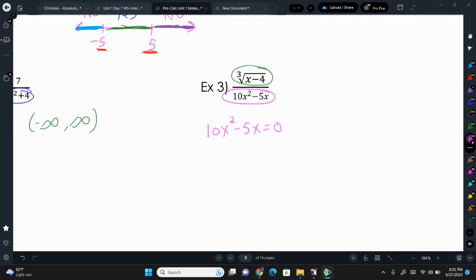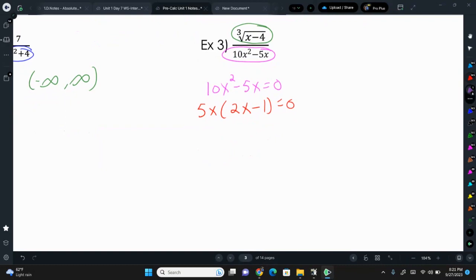We can factor out a GCF of 5x, and we're left with 2x minus 1 equals 0. Well, the 5x right here, that tells us that x is equal to 0. And then 2x minus 1, we have to set that equal to 0 and solve. So 2x equals 1. Divide by 2, we get x equals 1/2.